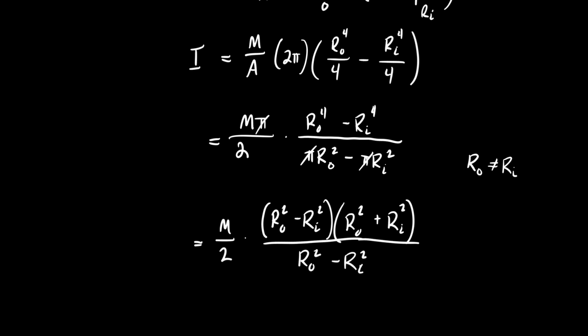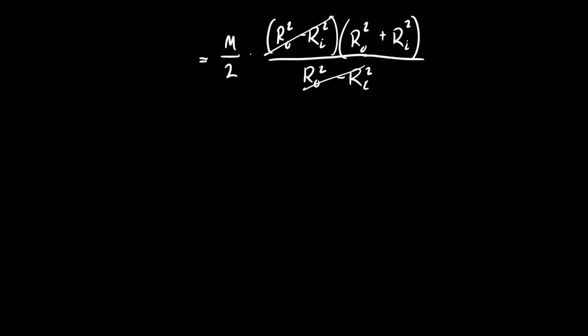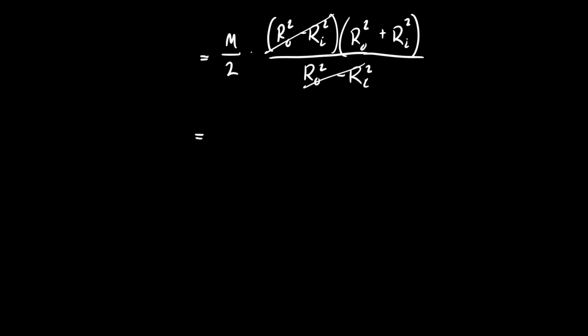So I'm going to cancel this with this, and that'll simplify this a lot. 1/2 m times r outer squared plus r inner squared. I always thought that this particular moment of inertia looked weird because it had the sum of the two radii, but it's just a factor of the way the area works out that makes it look like this. So, there we go.